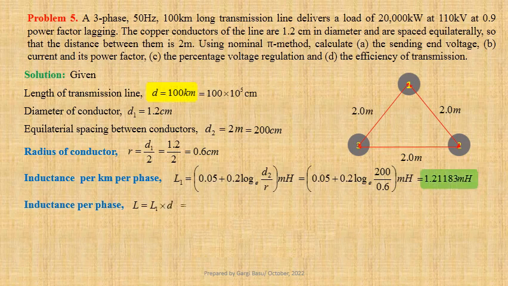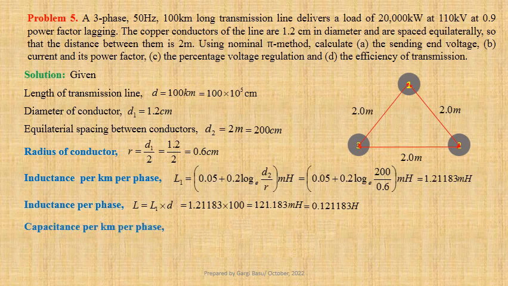Using values we get 1.21183 into 100, that gives us 121.183 millihenry or 0.121183 Henry. Expression for capacitance per kilometer per phase, C1 equals 1 upon 18 into log of D2 by r microfarad.